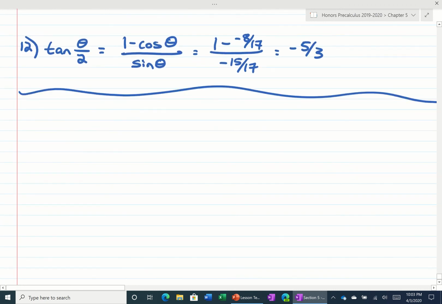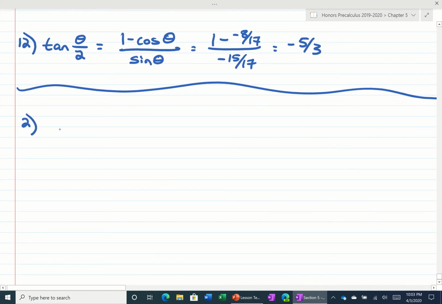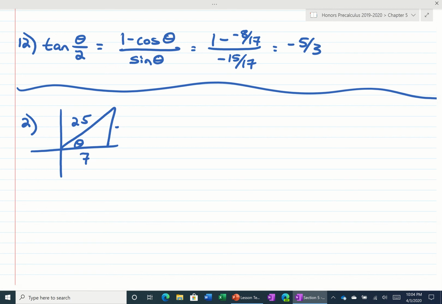Okay, so for number 2, on the back, it's telling us that cosine of u is 7 over 25, and we are in quadrant 1. Cosine is 7 over 25, which means that this missing piece is 24.